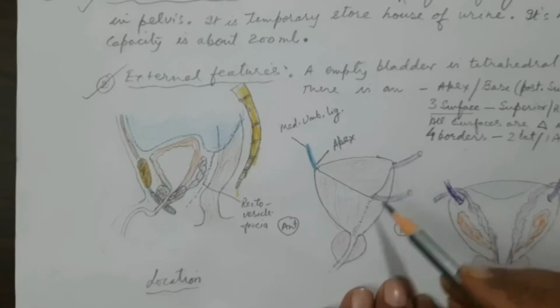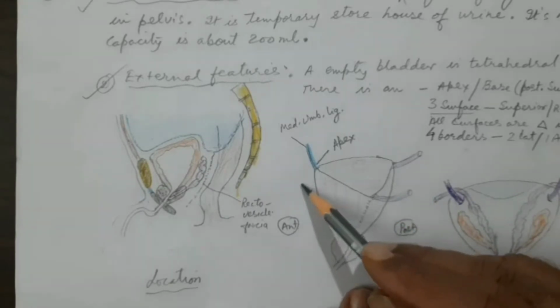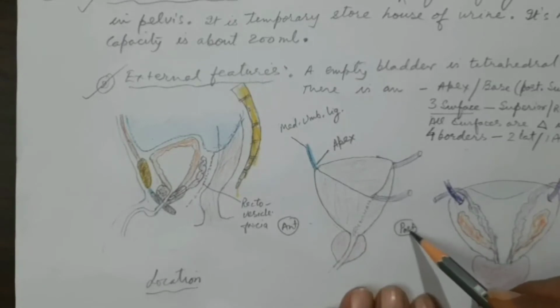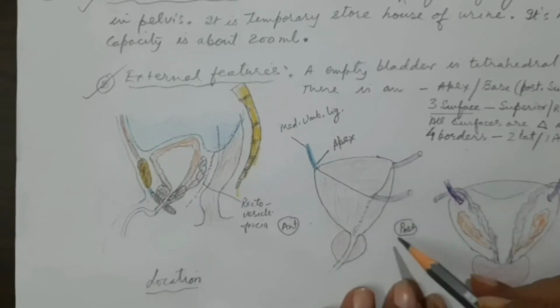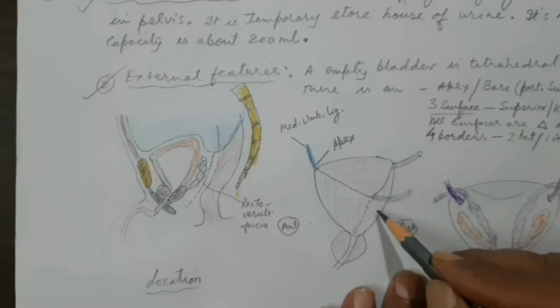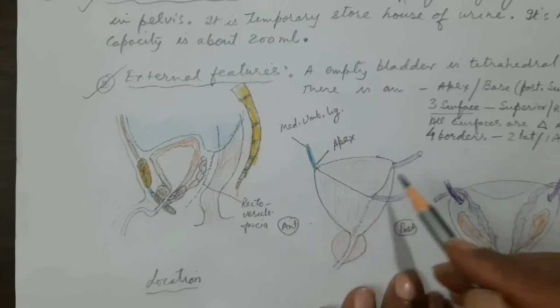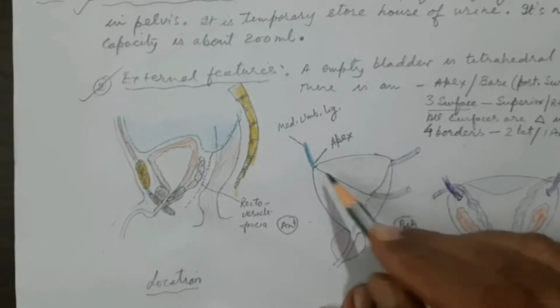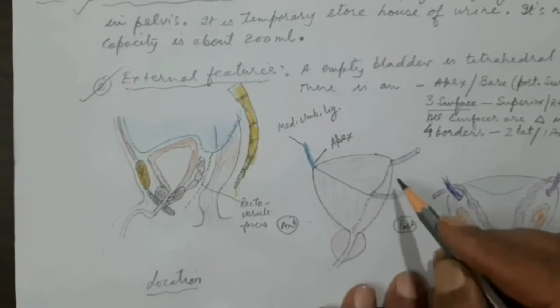This is the anterior side towards the pubic symphysis, and this is the posterior side towards the sacrum and coccyx, that means towards the rectum. Naturally opposite to the apex will be the base.